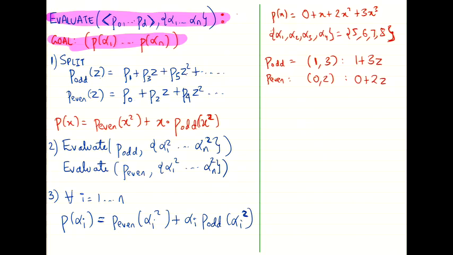Right? Just split the polynomial into two polynomials by alternate coefficients. Okay? So now we have split the polynomial into two polynomials. 1 plus 3z. So basically, these two terms and these two terms went into different polynomials.